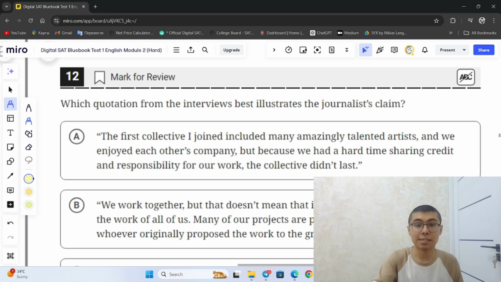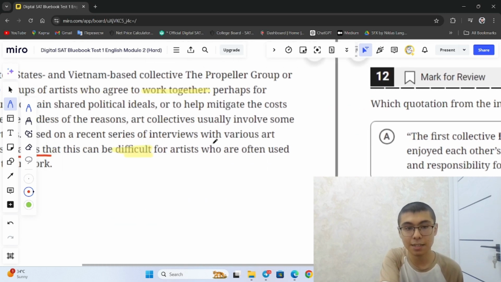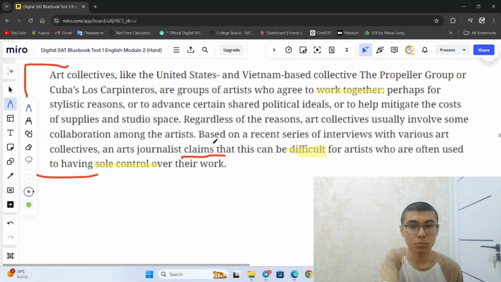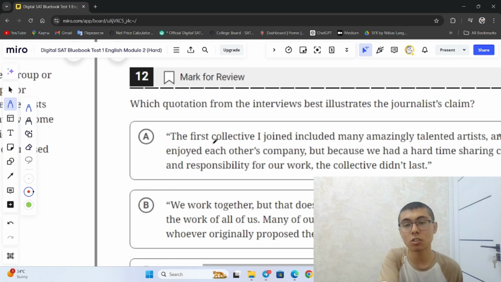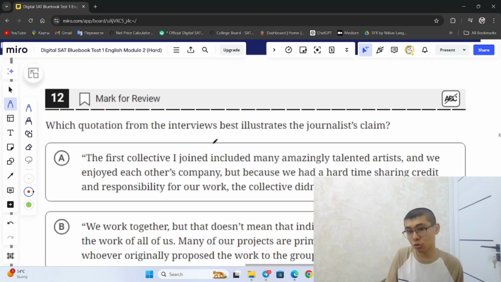A: The first collective I joined included many amazing, talented artists. We enjoyed each other's company, but because we had a hard time sharing credit and responsibility for our work, the collective didn't last. So in this case, he's telling that working together cannot always be good. It can be bad, right? So A might be true, right?